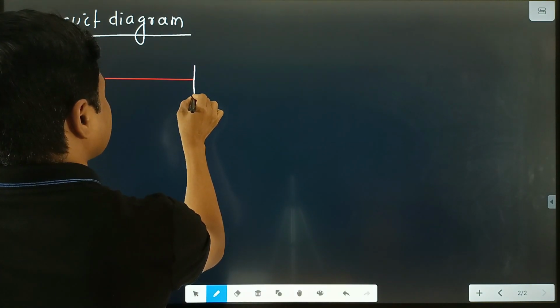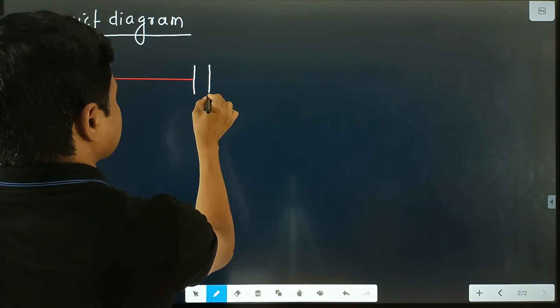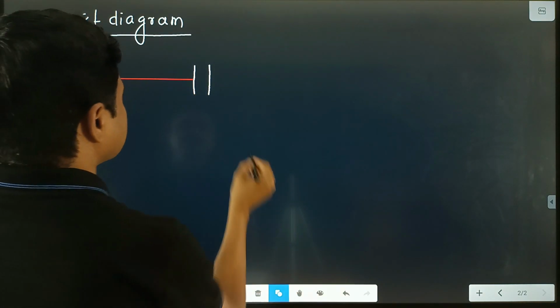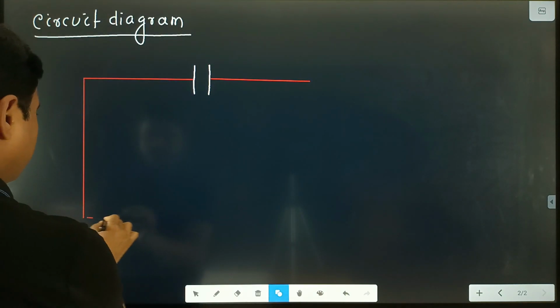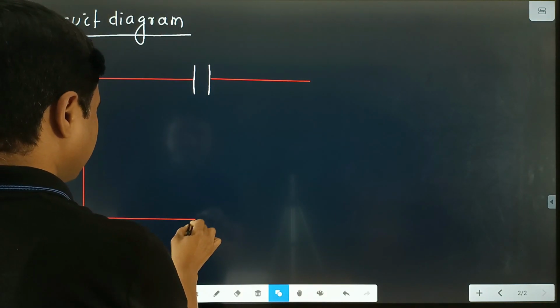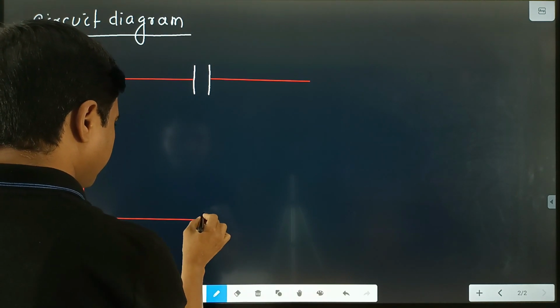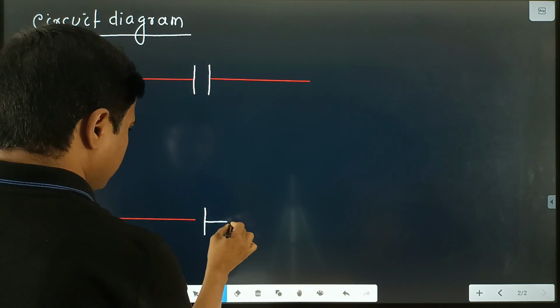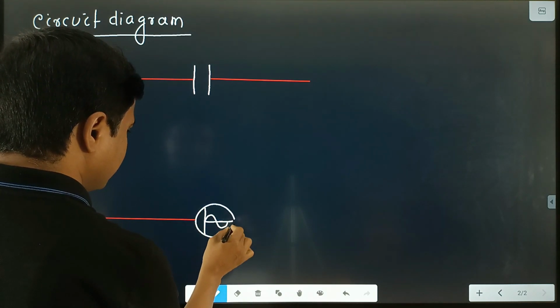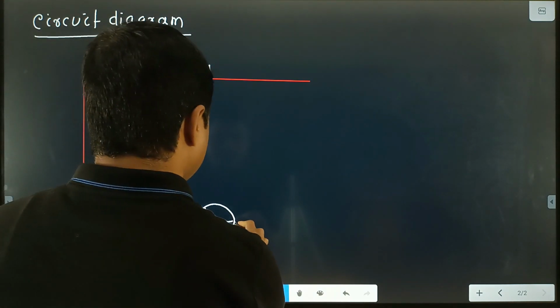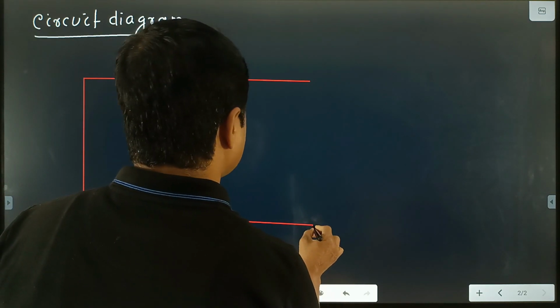This one is the first plate, this one is the second plate, both are parallel to each other, and here AC voltage is applied. This one is the symbol of an AC voltage in a circuit, and these are the external wires.